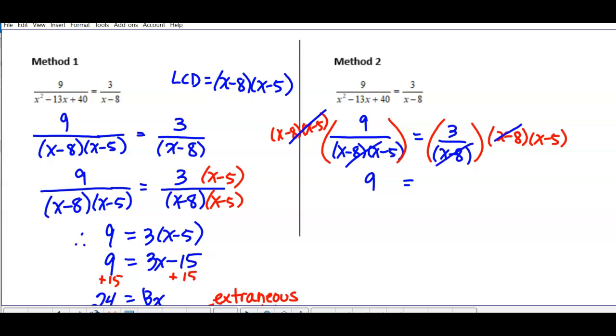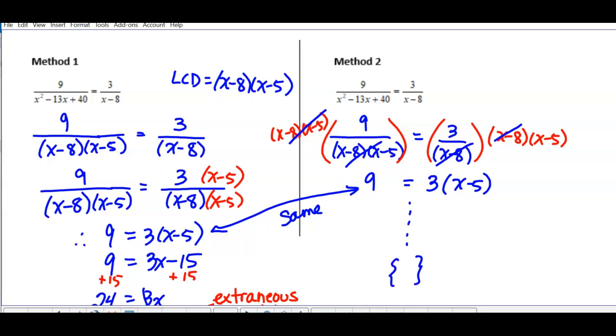Here the x minus 8's divide out, you're left with 3 times x minus 5, which is exactly the same here. And then you follow the same steps, and you've got no solutions. Just a teeny bit faster.